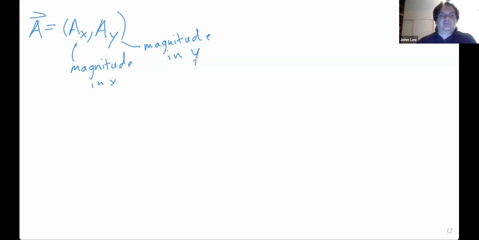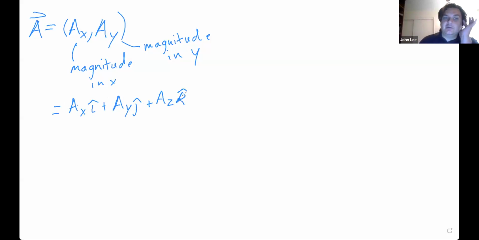So this can also be written as AX i plus AY j. And then if we introduce a third dimension, then it's going to be AZ k, where these are again just the unit vectors in the x, y, and z directions.